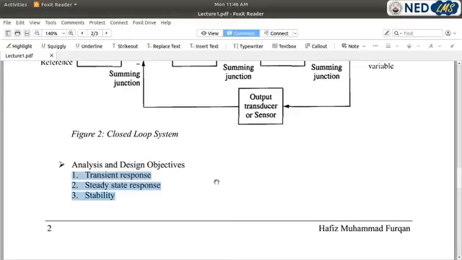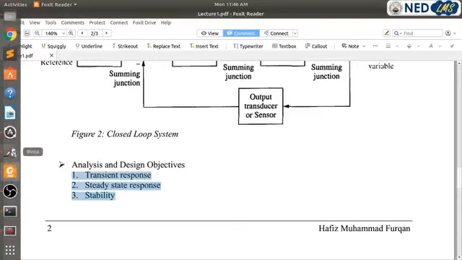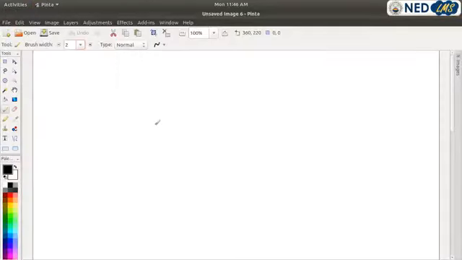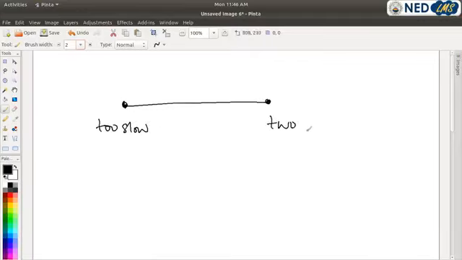Sometimes this appropriate design comes through the experience also, as we have to design the transient response midway between too fast and too slow. This is too slow, and, sorry, too fast.